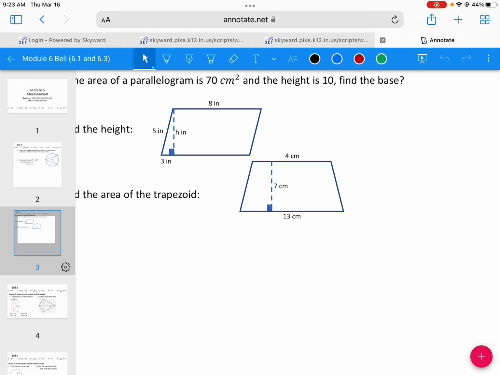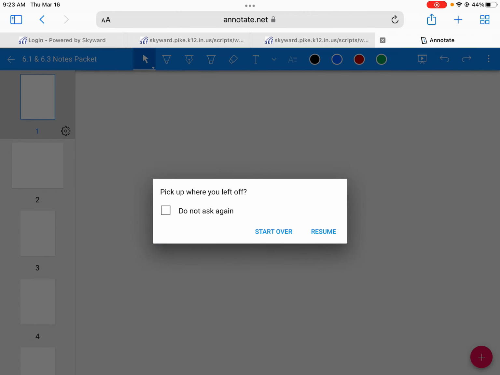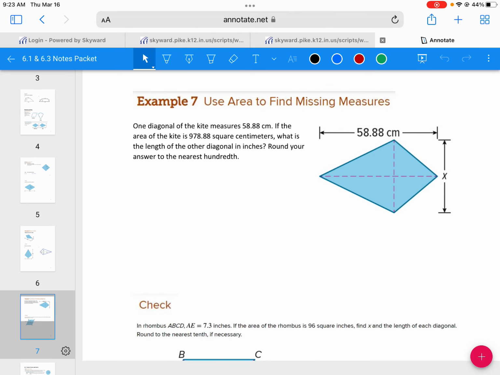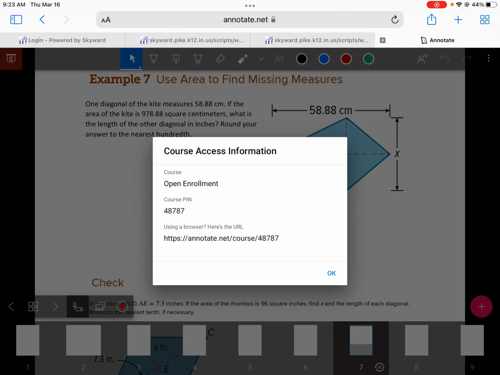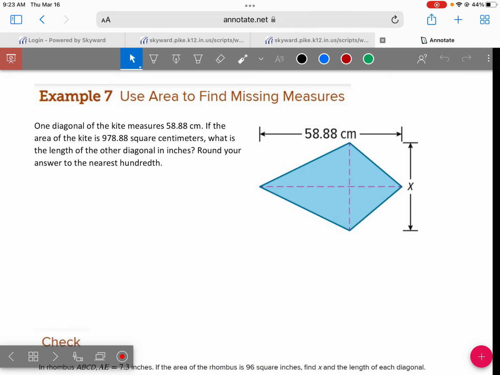But we need to substitute the values that we do know and then find whatever is missing, the missing information. Okay, so let me bring this up. We're on example 7, correct?